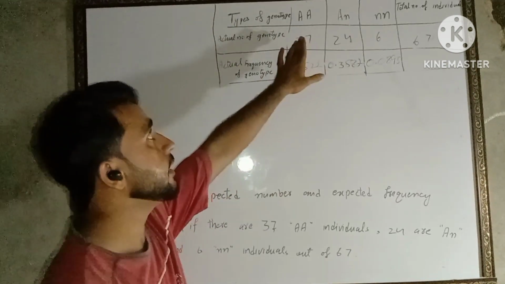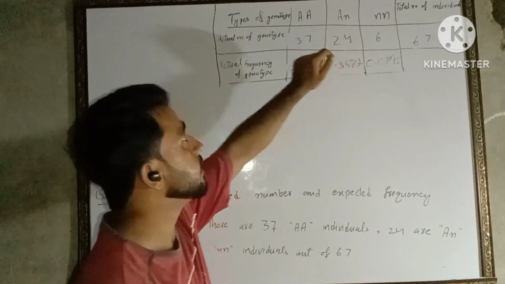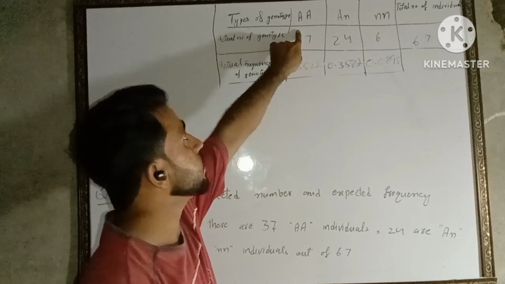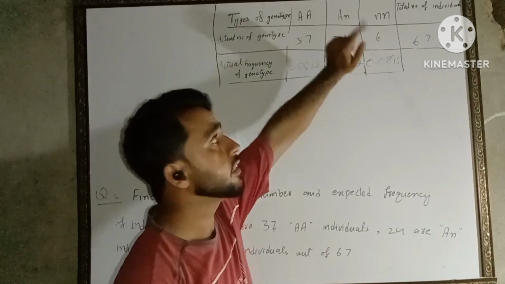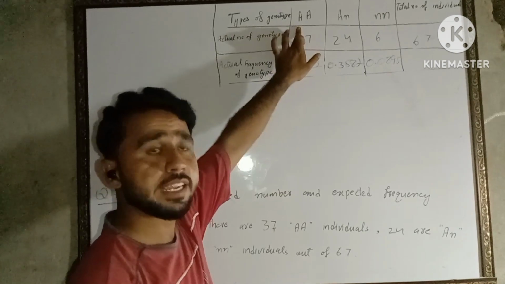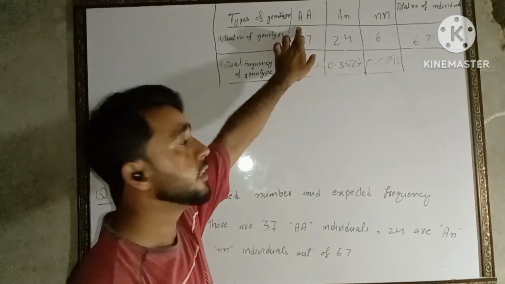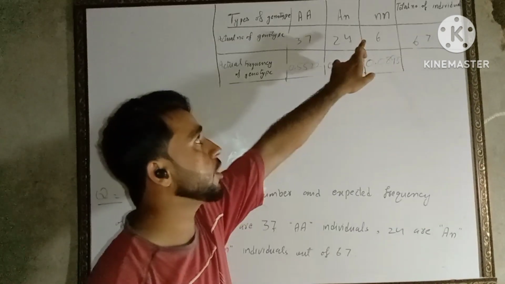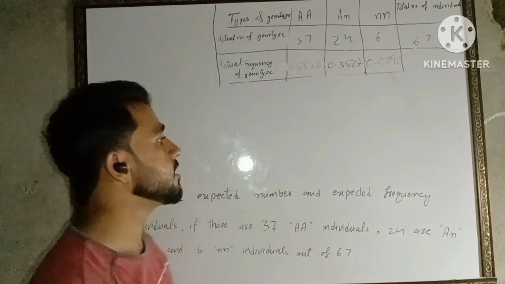Okay, now there are two types of genes. One is the A gene and the other is the N gene. The A gene is dominant and the N gene is recessive. First, we will find the allele frequency of the A gene, that is the dominant gene. Then we will find the allele frequency of the N gene, that is the recessive gene.